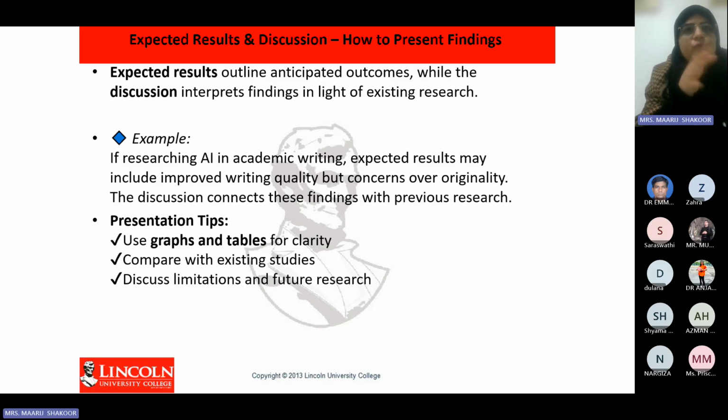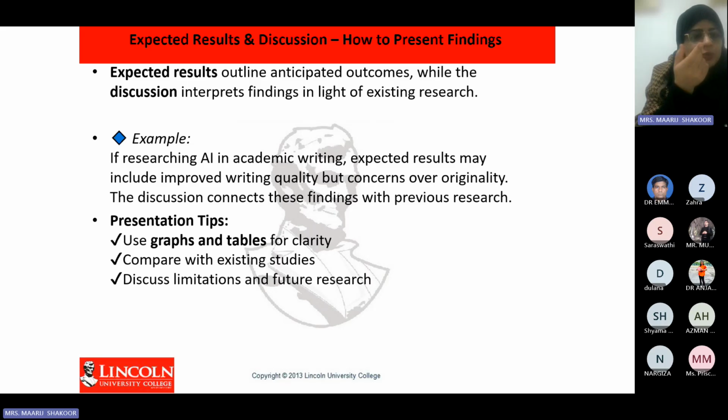If researching AI in academic writing, expected results may include improved writing quality, but concerns over originality. The discussion connects these findings with previous research.